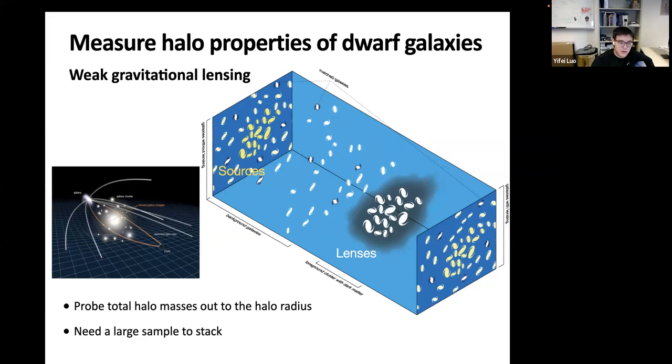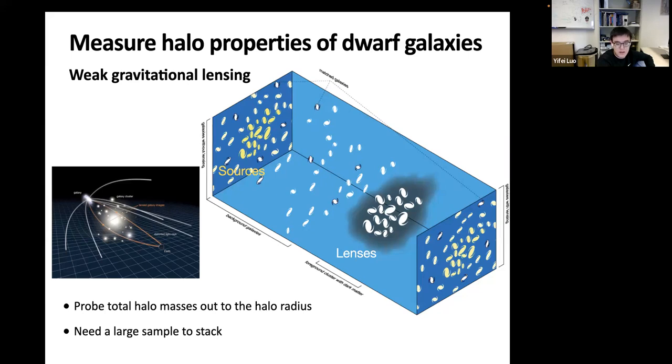In our case, that will be the dwarf galaxies or dwarf halos, out to the halo radius, not only the very central part that can be measured from rotation curves. But the thing is, for the weak lensing technique, we need a large sample to stack, because the lensing signal from one halo is pretty low.